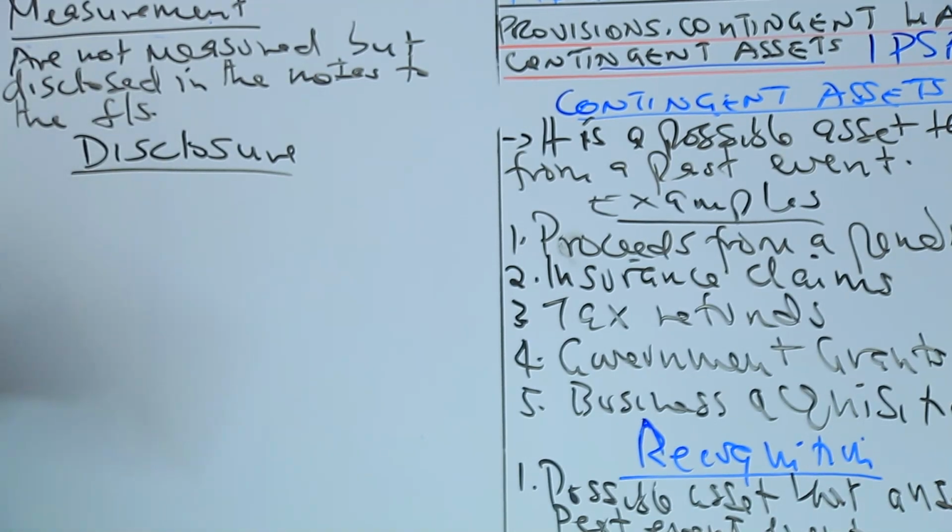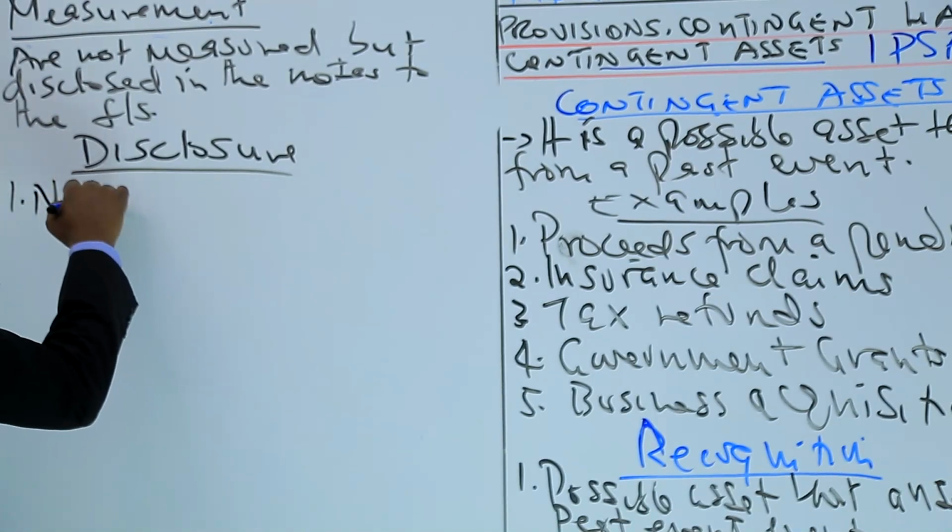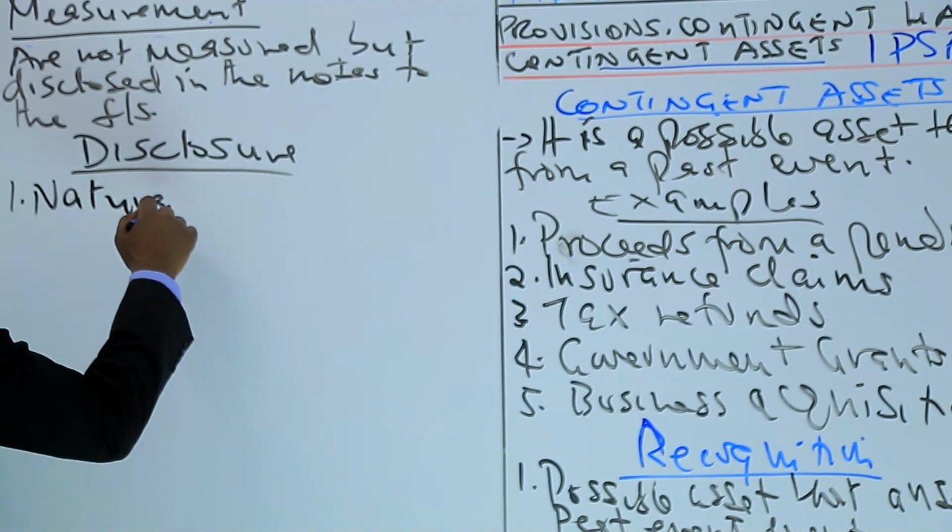Candidates, public sector entities are required to disclose certain information about contingent assets in the notes to the financial statements. One is the nature of contingent assets.